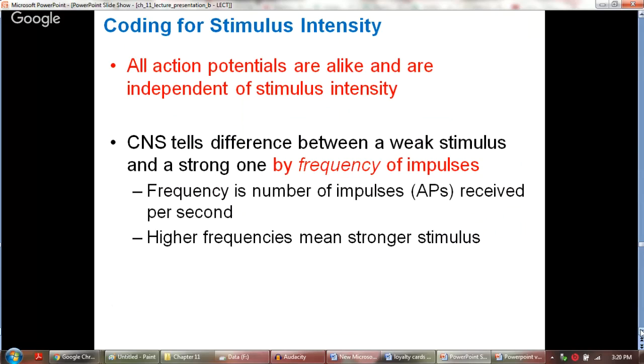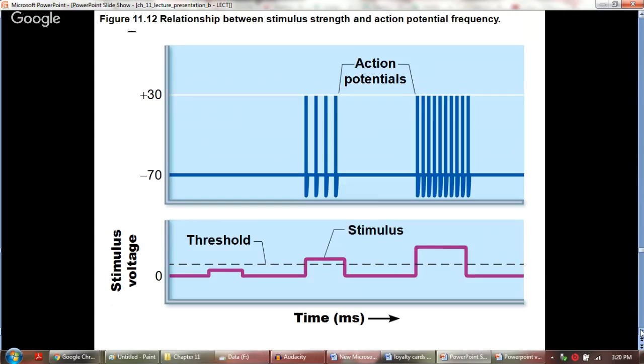The higher the frequency, the stronger the stimulus. This figure shows the relationship between stimulus strength and action potential frequency. Here you have a threshold level, and here a stimulus that is much higher. You see frequency is higher with the higher stimulus, and lower with the lower stimulus.